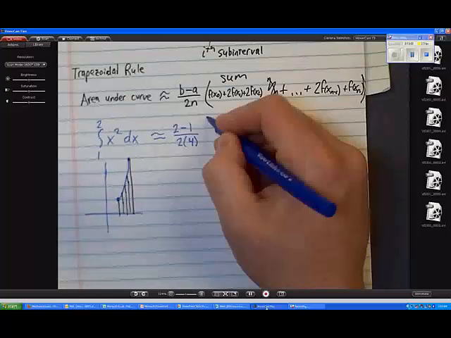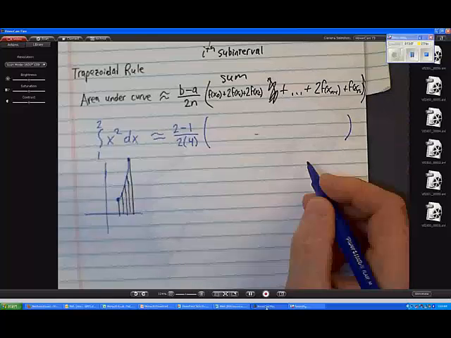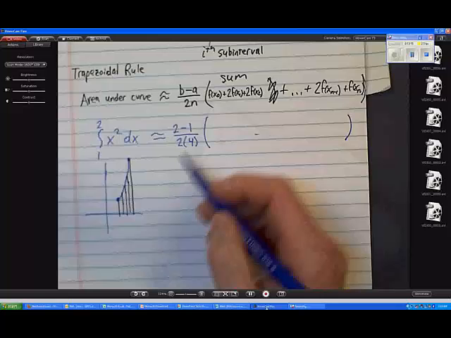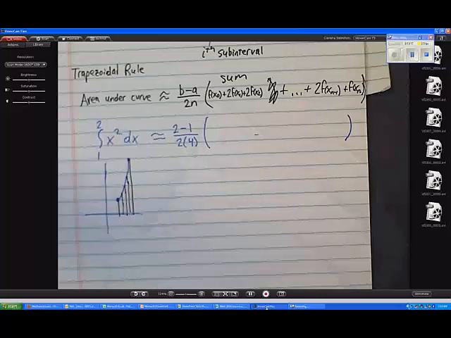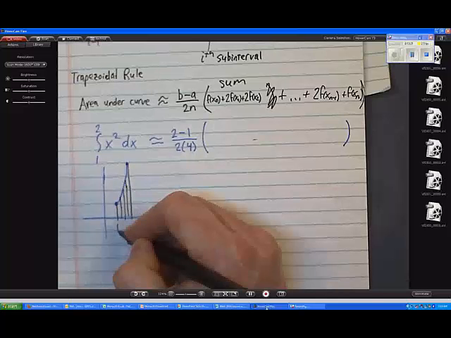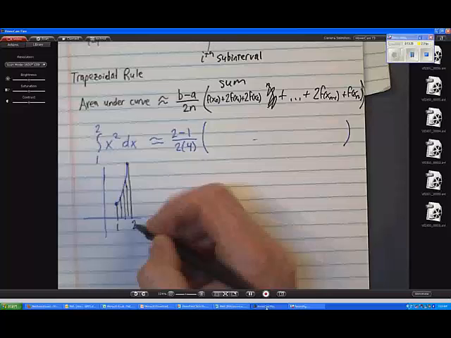Times some finite sum. And so what do I need? f of x0. Do you guys know what that's going to be? What's the first x value we're going to have? 1, right? What's the last point we're going to have? 2, right? It goes from 1 to 2.